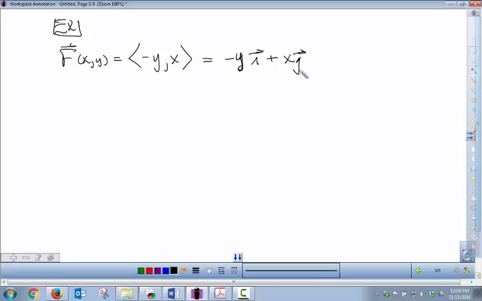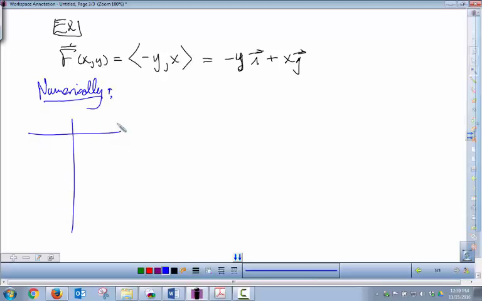Now, if we want to look at this numerically, when we first started to learn functions back in algebra, we would take a look at the function, and we know that it takes an input and an output, so we would make a little table and put values in.